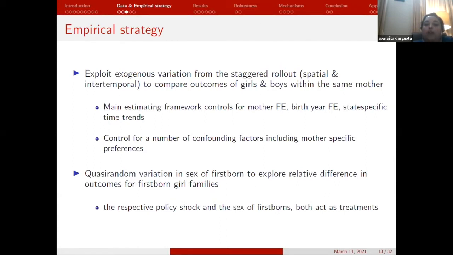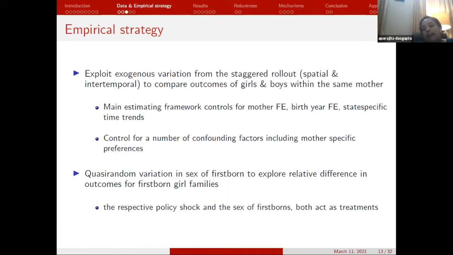We control for a number of confounding factors, including mother specific preferences, again by using the mother fixed effects in a very demanding specification. Secondly, we build upon the new study by Anukriti, Balotra, and Tam, where they use the quasi-random variation in sex of the firstborn to explore relative differences in outcomes for firstborn girl child.